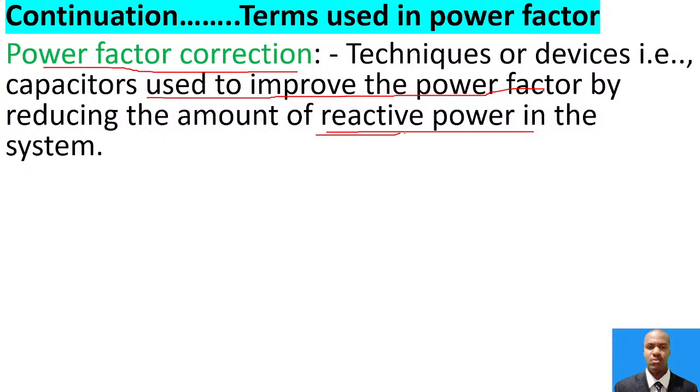So in short, we improve power factor by reducing the amount of lagging reactive power within that load, and this one is best achieved by use of capacitors, and this is the reason. The capacitors take leading current which neutralizes the lagging reactive power either partially or completely. If it is able to do it completely, then we say the power factor is unit.